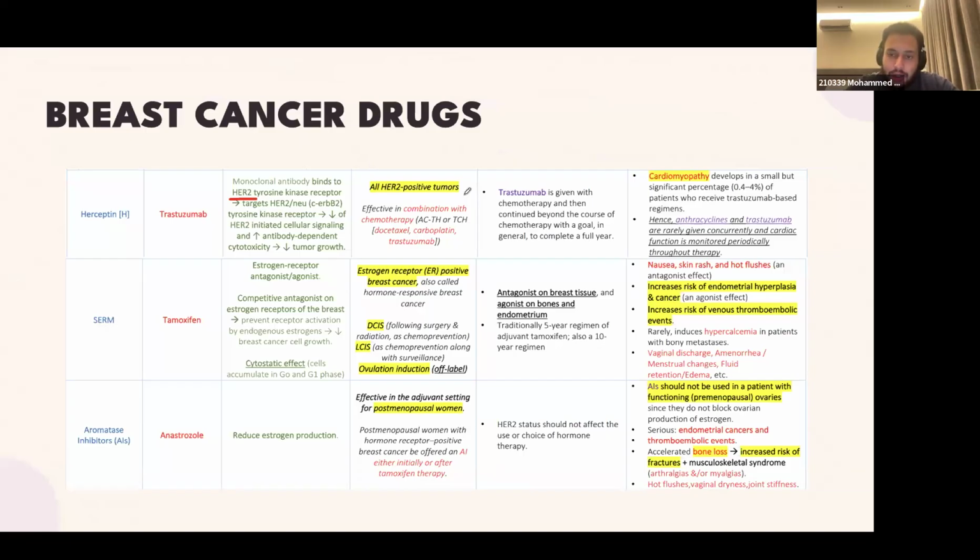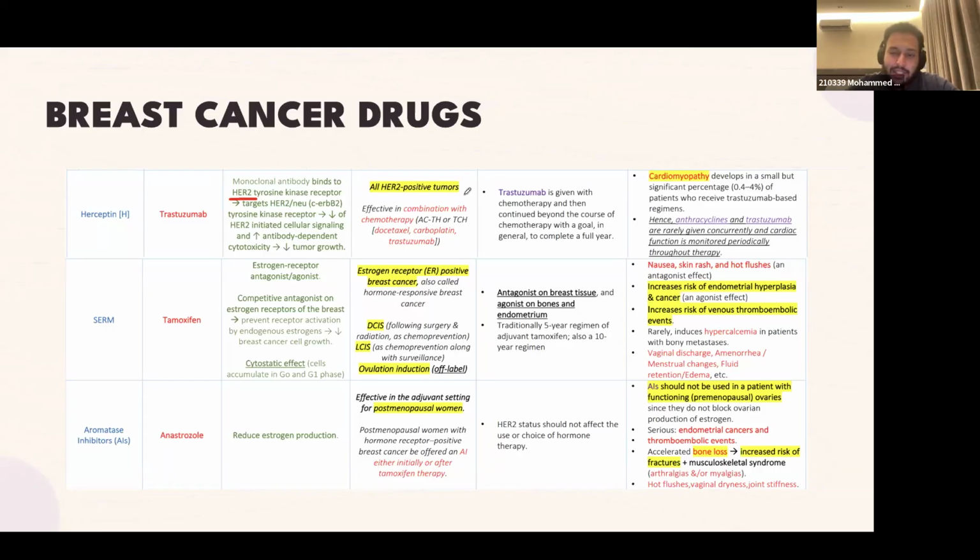Good. Tamoxifen is an estrogen agonist at what sites? Endometrium and one other organ. Bone. Excellent. So will this benefit patients with osteoporosis? Yes. Will this cause endometrial hyperplasia? Yes. Good.